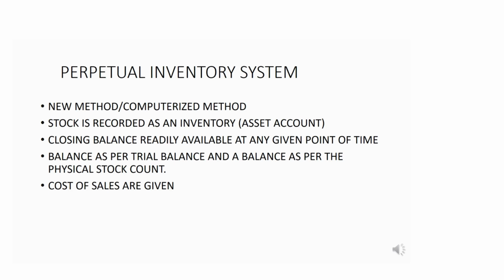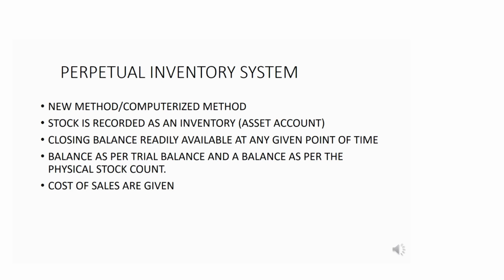The most reliable balance is the balance as per the physical stock count, because we physically went there and counted this stock one by one per item, and that value is most reliable compared to the value of the trial balance.